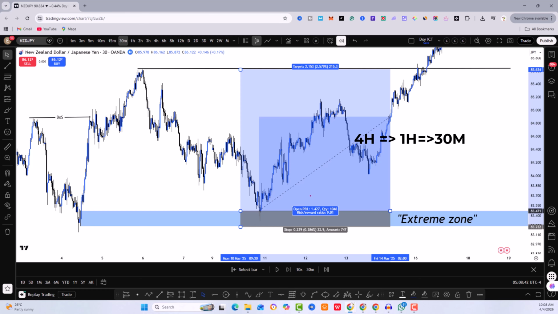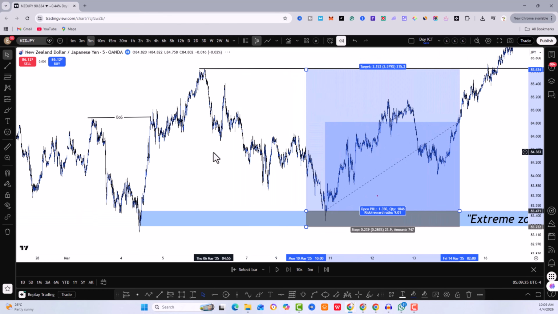So by going from 4-hour to 30-minute, we actually tripled the profit potential of this trade. But if we keep going and drop too far, say down to the 5-minute, we risk missing this trade entirely.